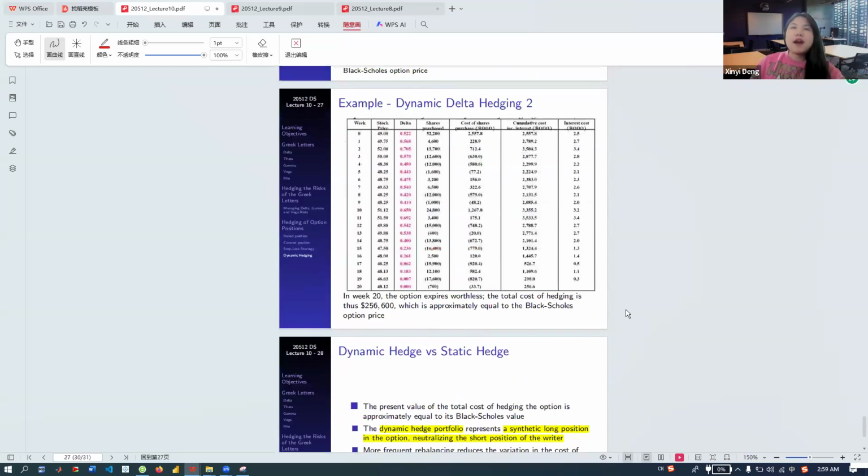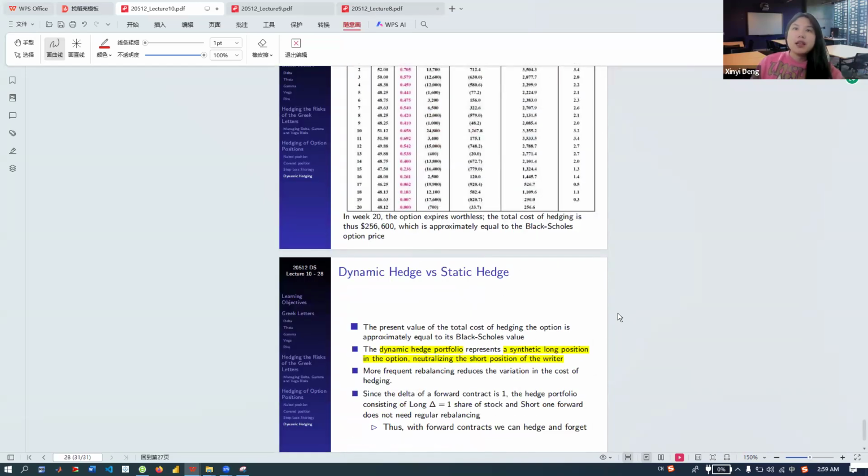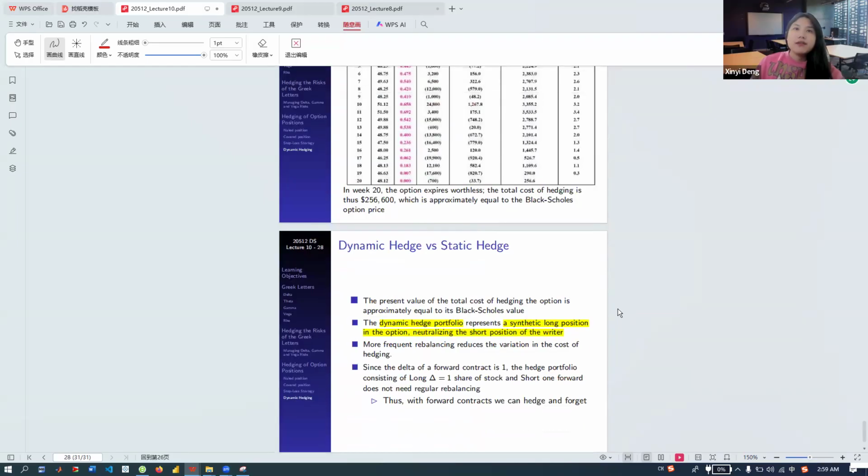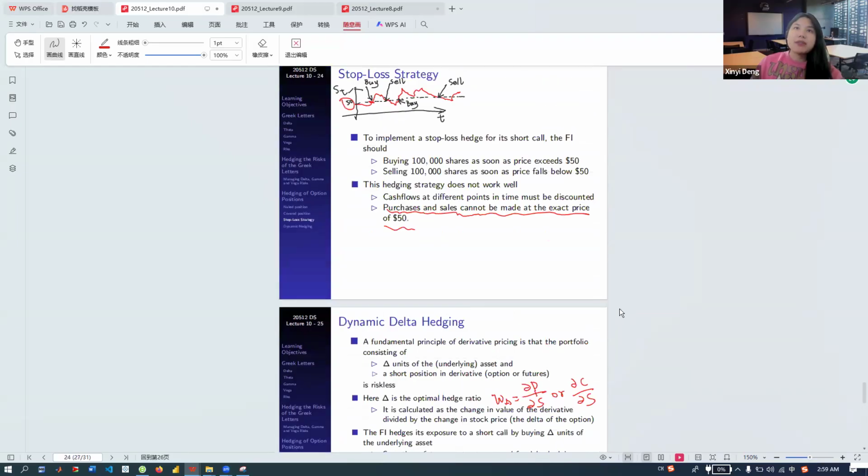Then our final agenda today, dynamic hedging.